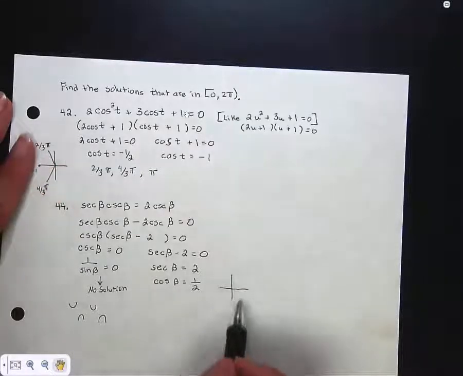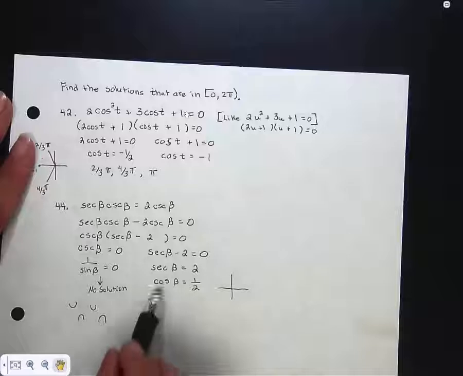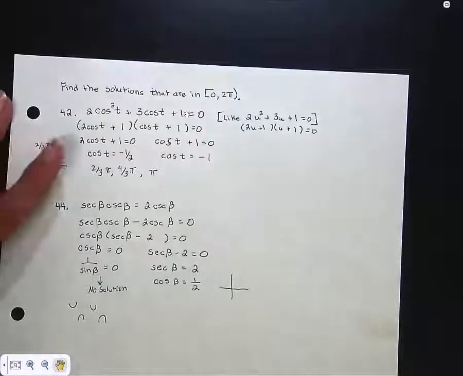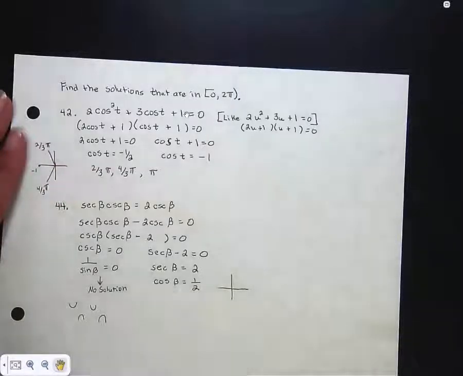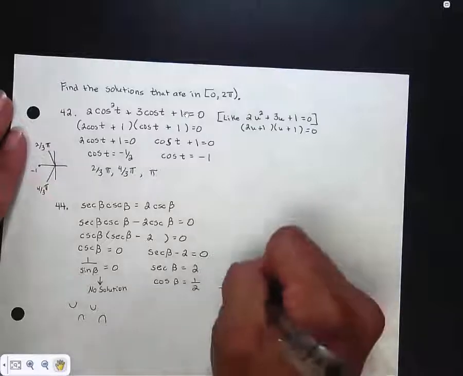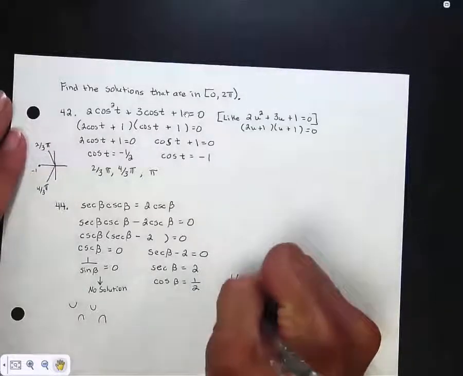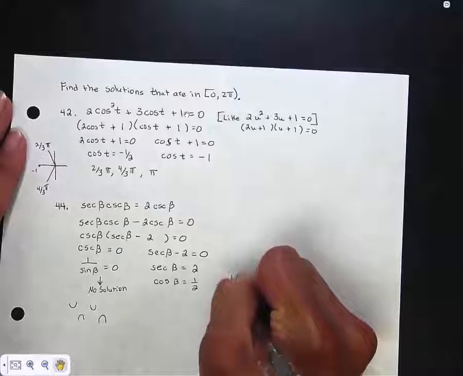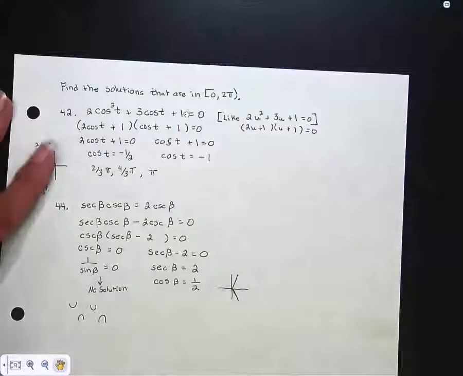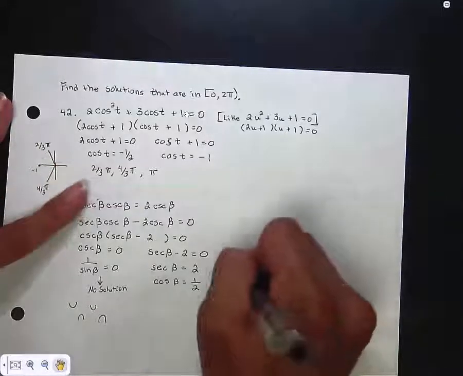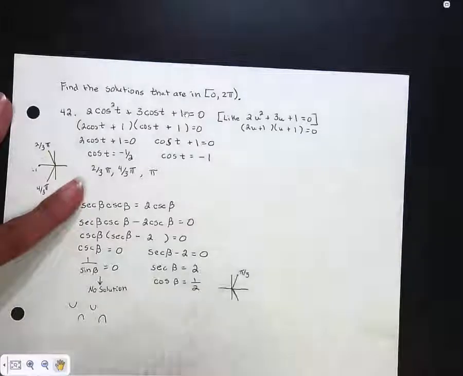So where in the first and the fourth quadrant is cosine a half? Well, cosine's a half when you're close to the y-axis. And that's at pi over 3.